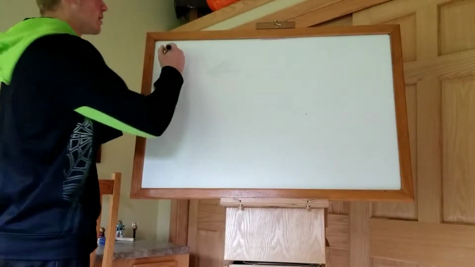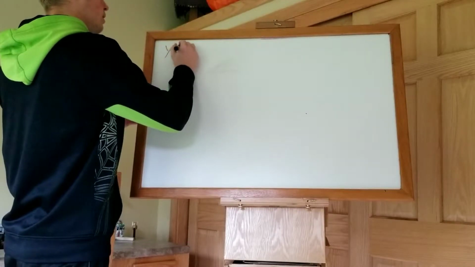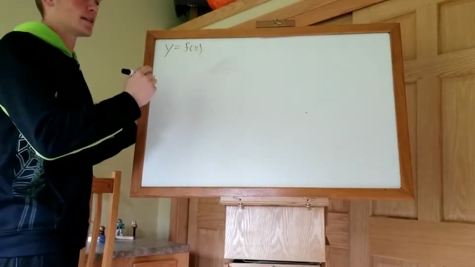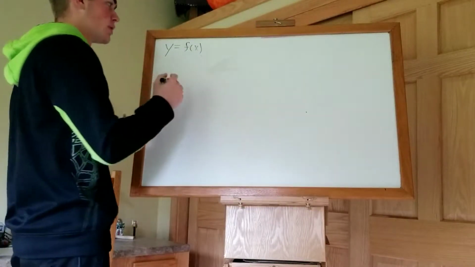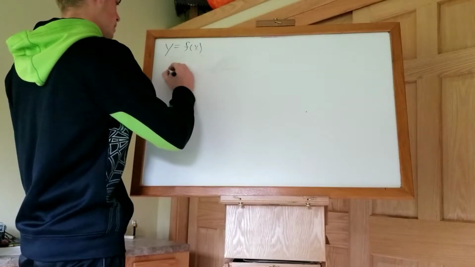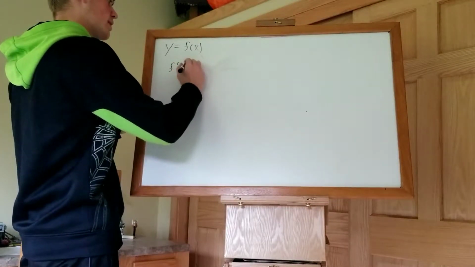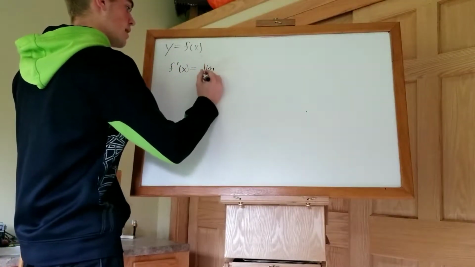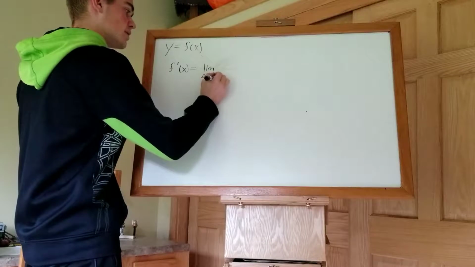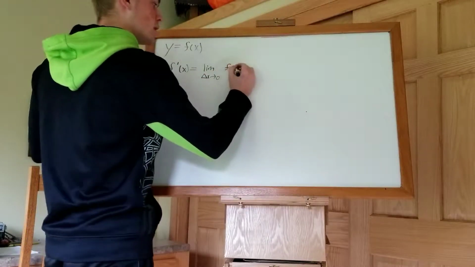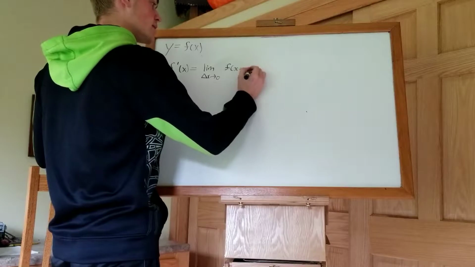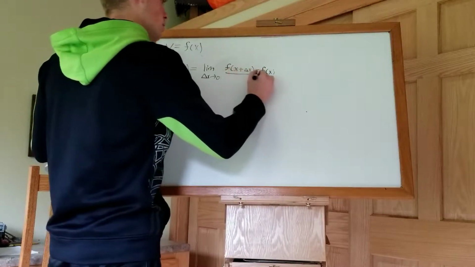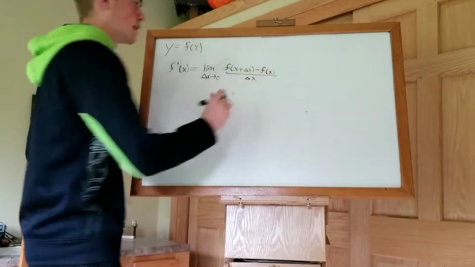What that means is that if we say that y equals f of x, there's an instantaneous slope at any given point that's called f prime of x, and that is equal to the limit as delta x approaches 0 of f of x plus delta x minus f of x all over delta x.